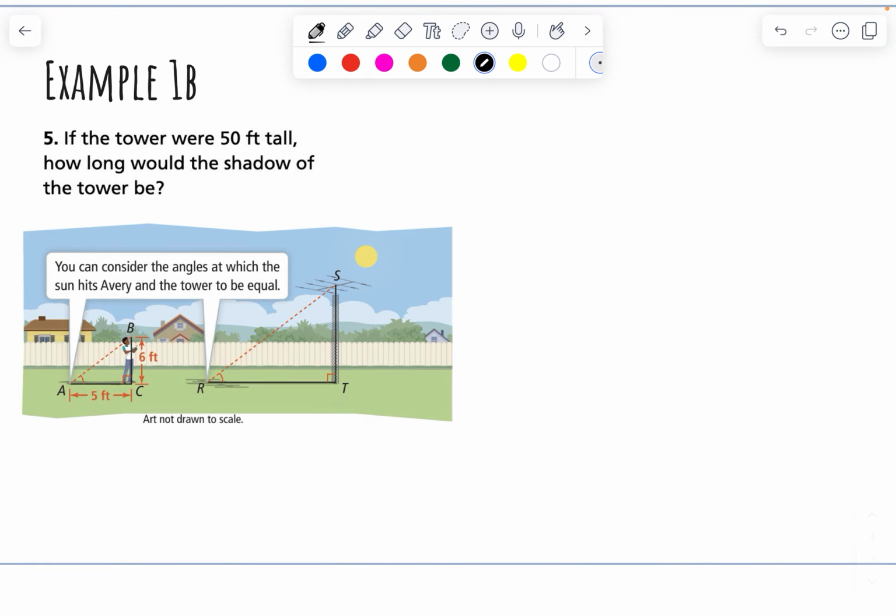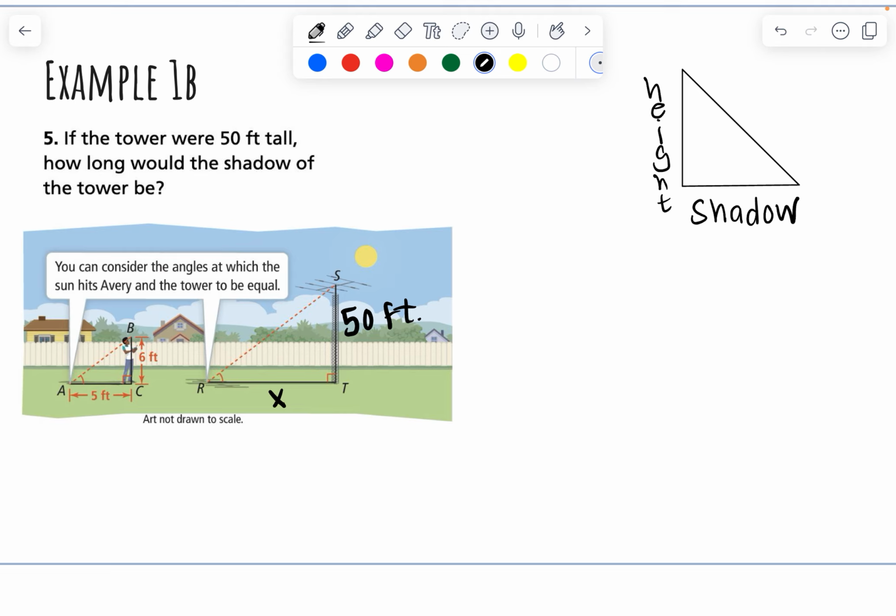If the tower were 50 feet, so now they're telling us that this is 50 feet, how long would the shadow of the tower be? So these are the shadows. For all of these problems, the shadow is going to be on the ground, and then the height is going to be the one that's up and down.